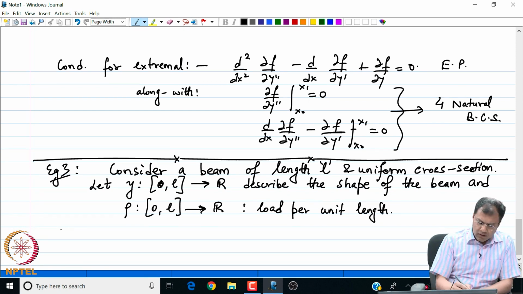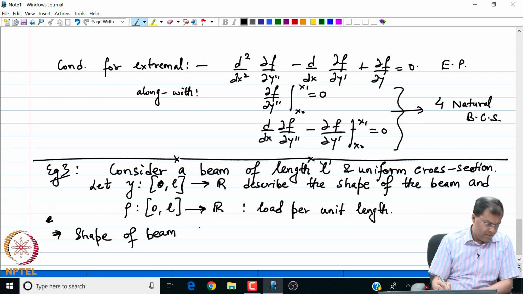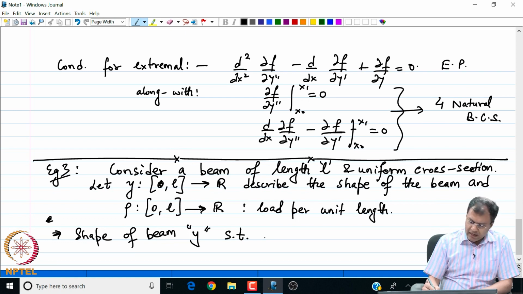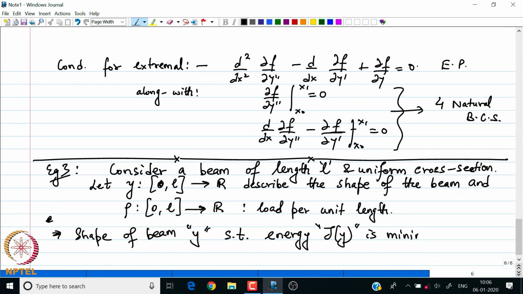It turns out that the shape of the beam y of x is such that the energy functional J[y] is minimum, and the energy of the beam in general will be given by the sum of elastic energy plus the potential energy, right. We are ignoring the effect of the weight here.